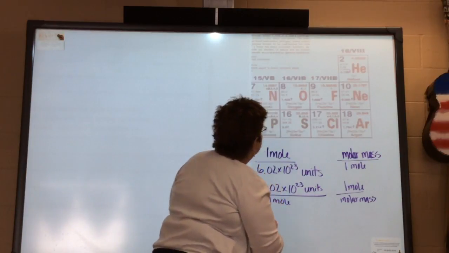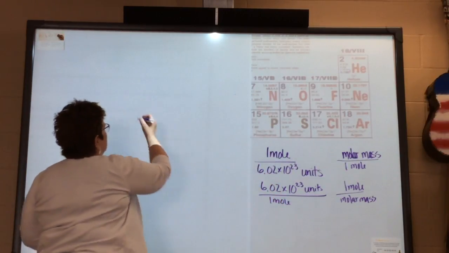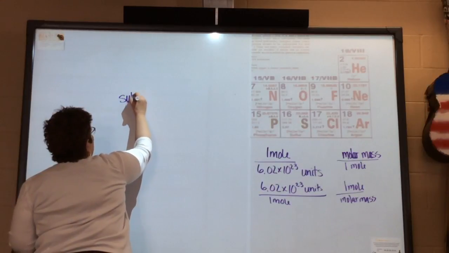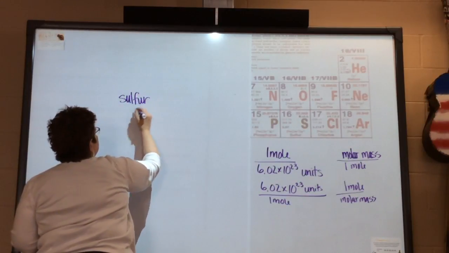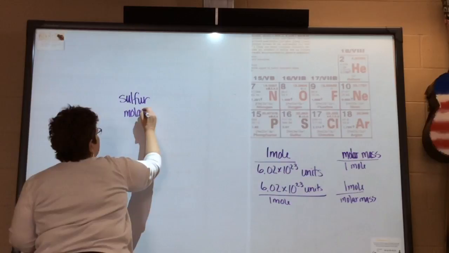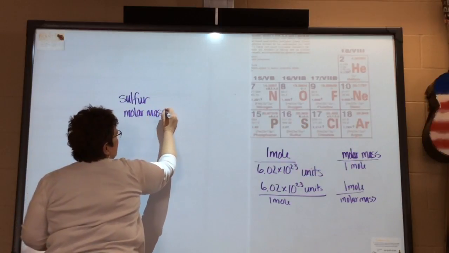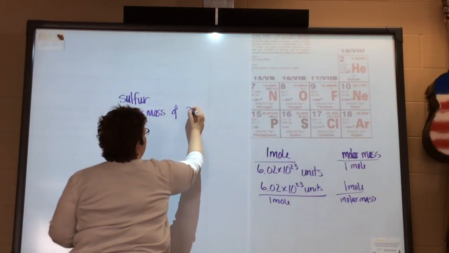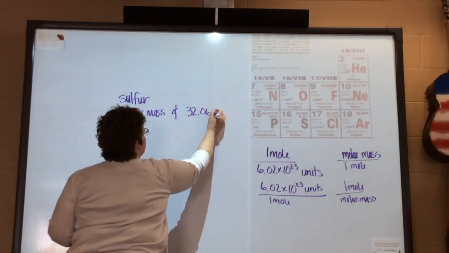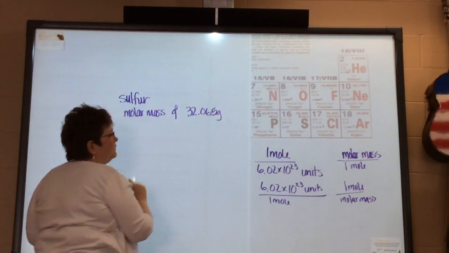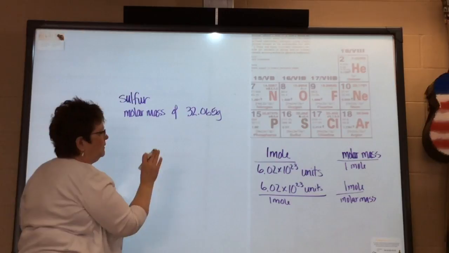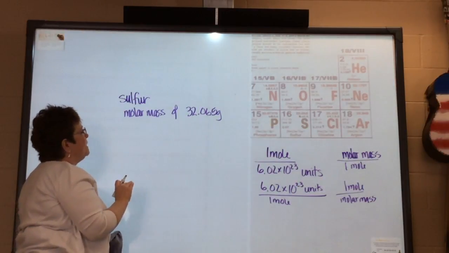According to mine, sulfur has a molar mass of 32.065 grams. Again, using your periodic table, you can find that on there. It's not very clear right here.